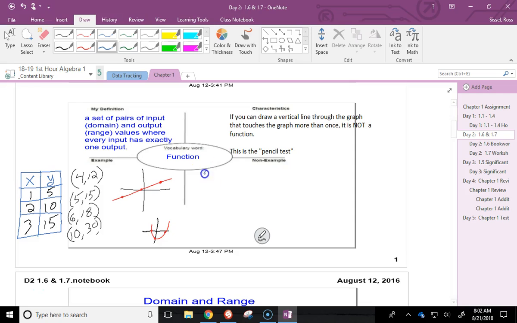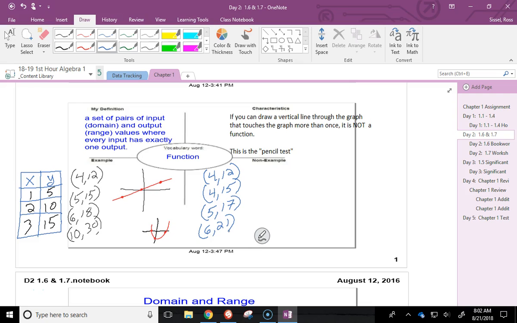If I did coordinates 4 to 12, 4 to 15, 5 to 17, 6 to 21, you're also going to see that there's no rule being applied here, which is why it's not becoming a function. These are just random coordinates that I'm giving.